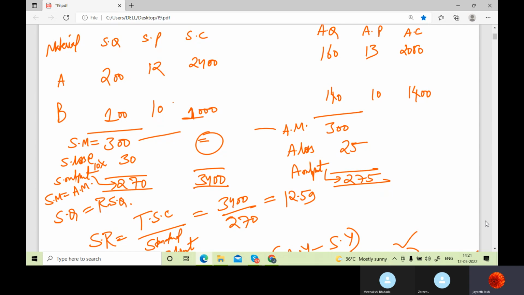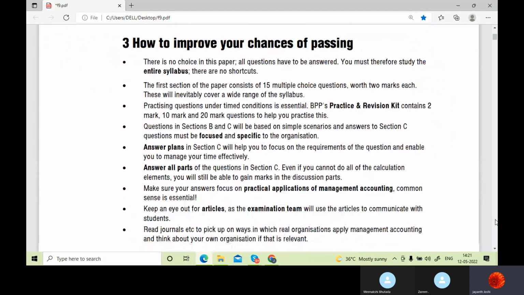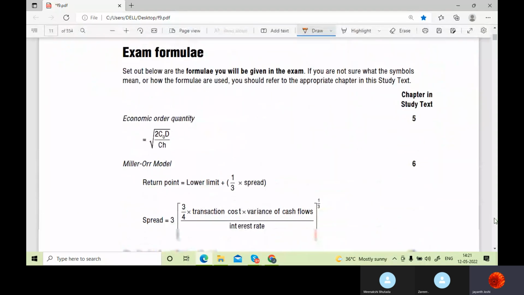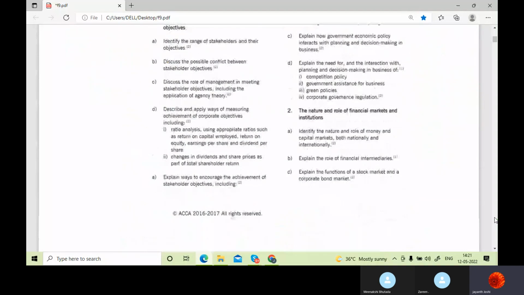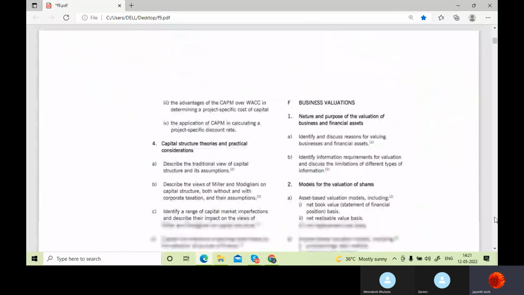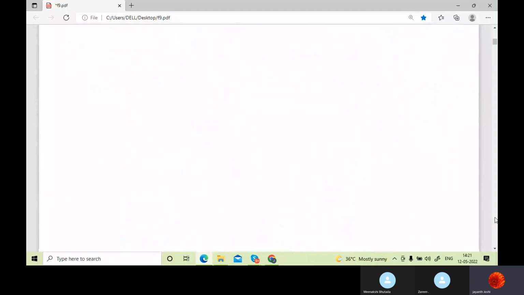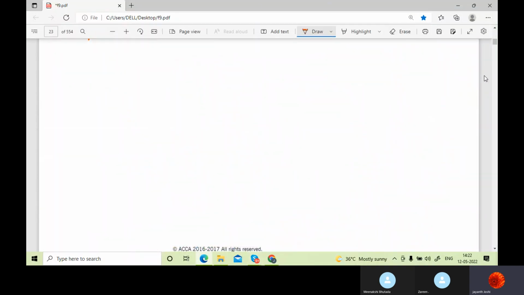Okay. Let's go ahead. Done. Now next model: material yield variance when standard mix is not equal to actual mix.